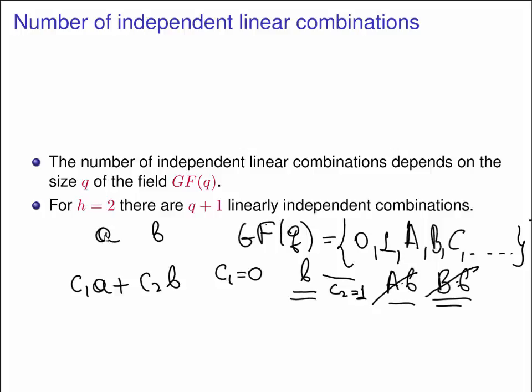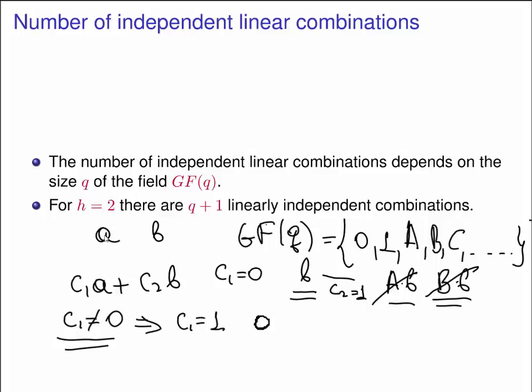So then let's consider the case in which C1 is not equal to 0. We note in this case we can assume without loss of generality that C1 is equal to 1. Because for any linear combination formed with C1 not 0, we can find a corresponding dependent combination in which C1 is equal to 1 by just dividing it by C1. So it's enough to just assume that C1 is equal to 1.